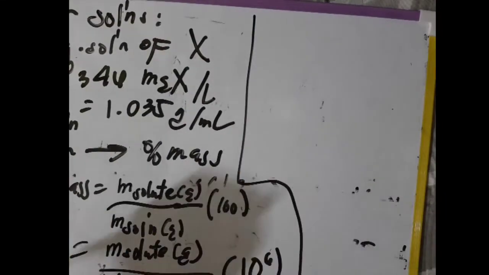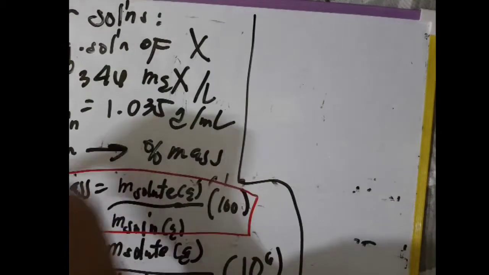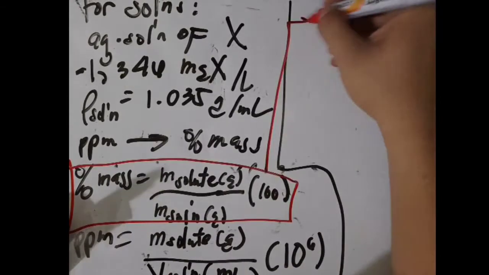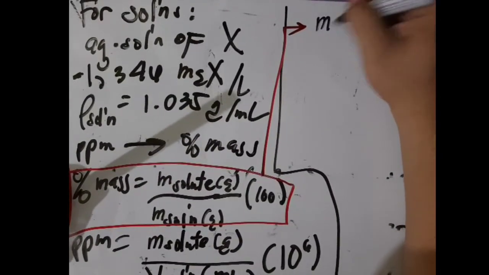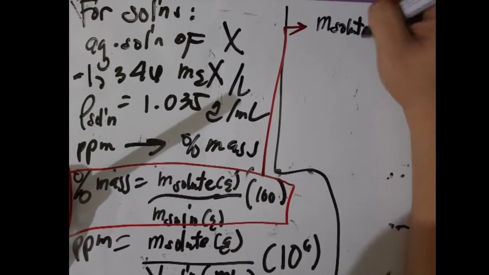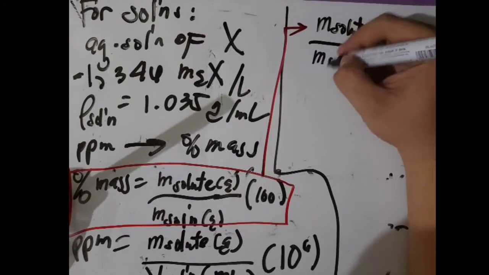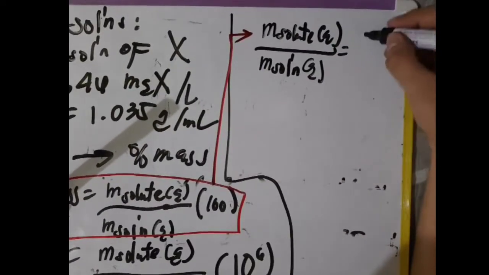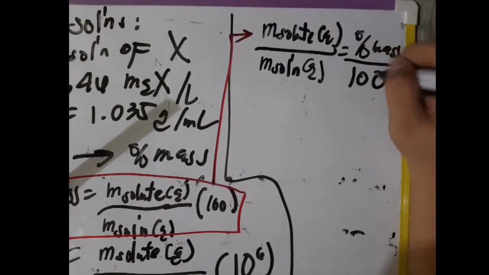Manipulating the percent mass, rearranging the equation, the formula for the percent mass will give you the ratio of the masses of the solute and the solution equals percent mass divided by 100.